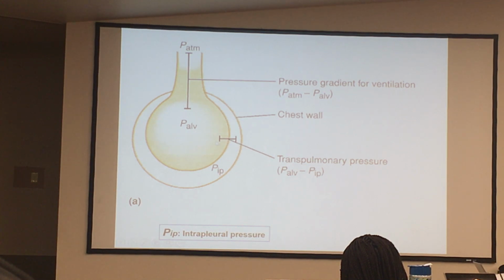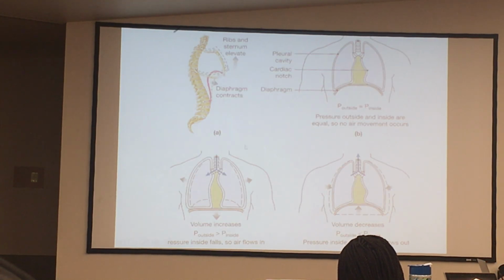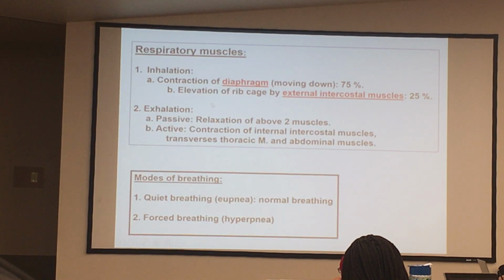Okay, there is more detail if you do respiratory study. They have a lot of questions for this one. Okay, this one I just mentioned. The pressure change is controlled by the diaphragm and the muscles. We'll tell you later. So here are the respiratory muscles.